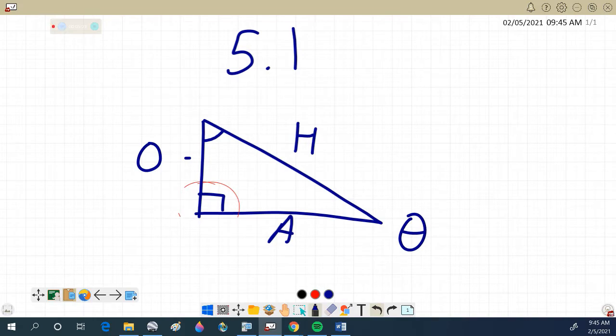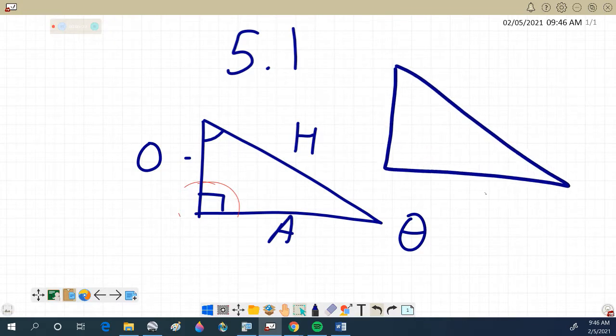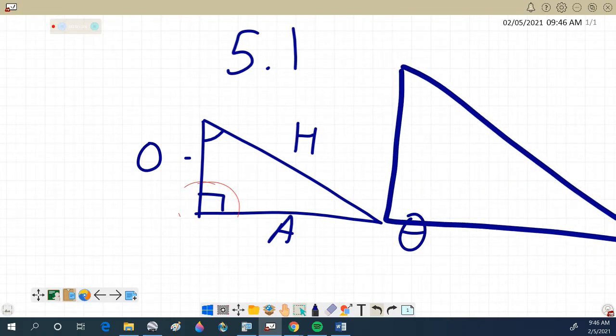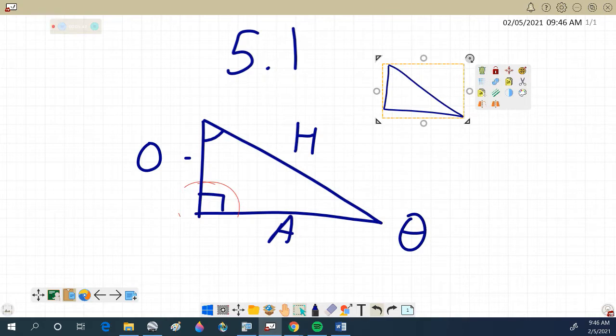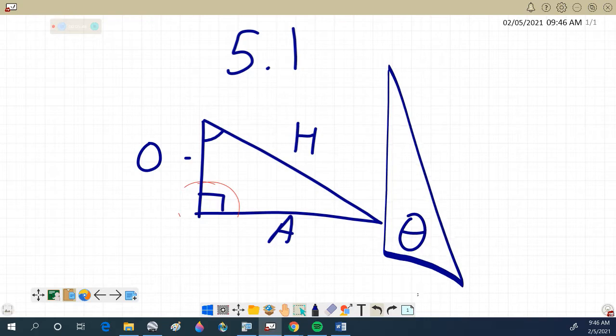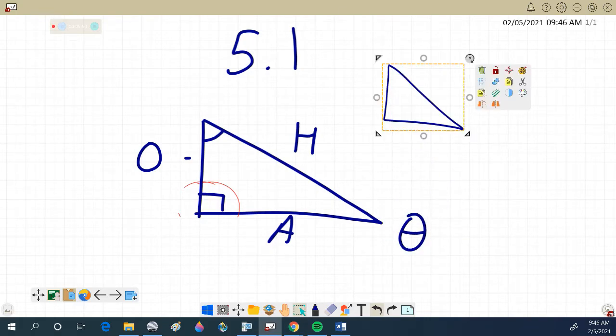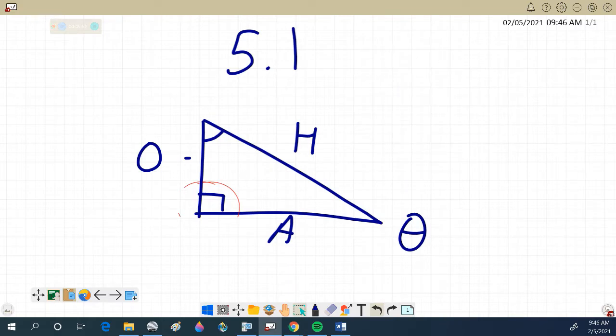Trigonometry mingles the size of an angle and the size of the sides. If I take this triangle and change its shape, you'll notice the top angle. Let's draw a better triangle than that.